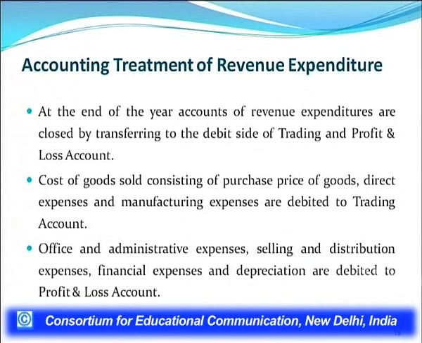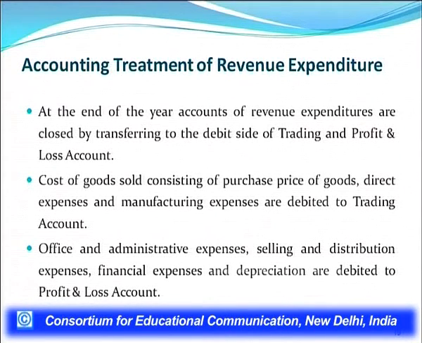For example, the purchase account, wages account, power and fuel account. So, all these expenses are debited to trading account, while the other expenditures like office expenses, salaries, rent, insurance, telephone expenses, stationery and printing, all these are considered indirect expenses, and these are transferred to the debit side of profit and loss account.